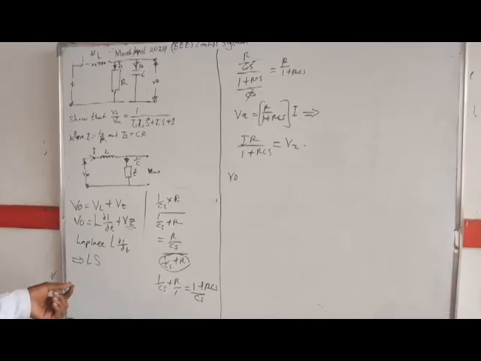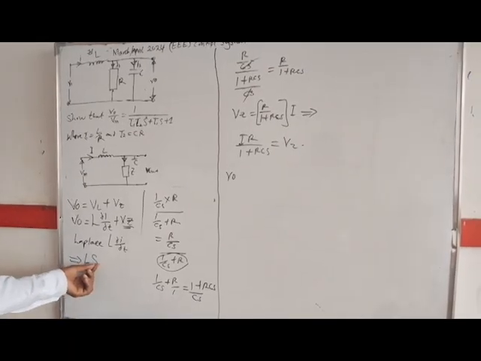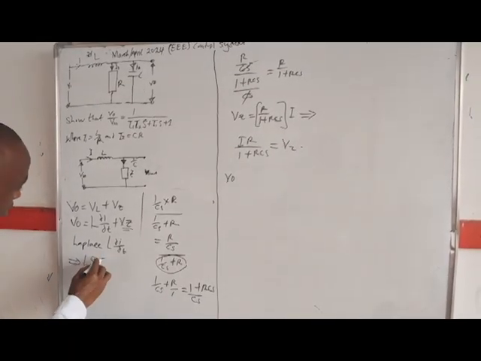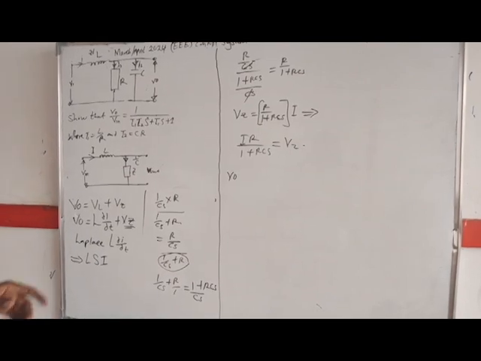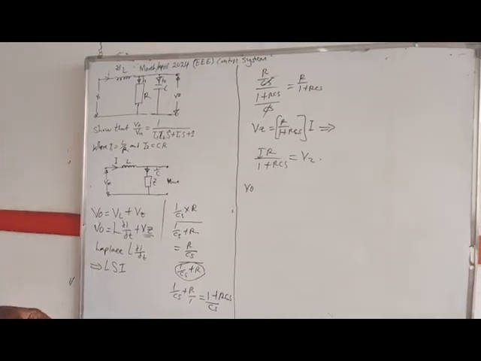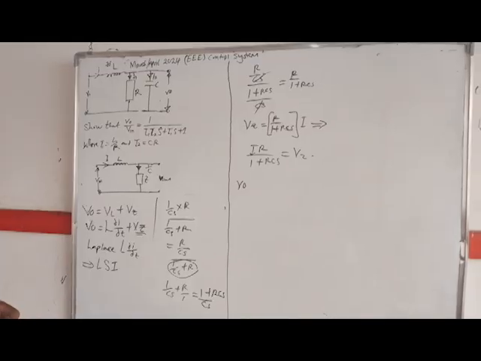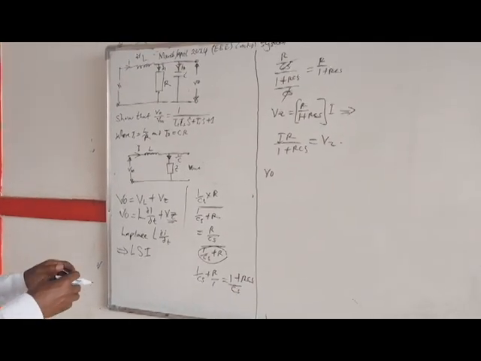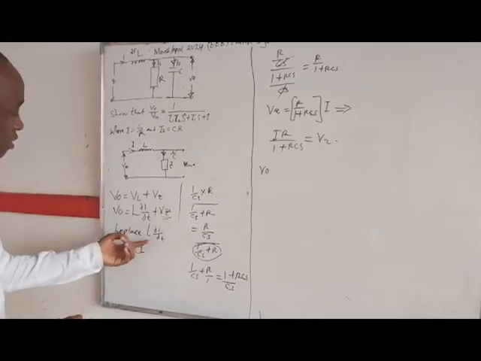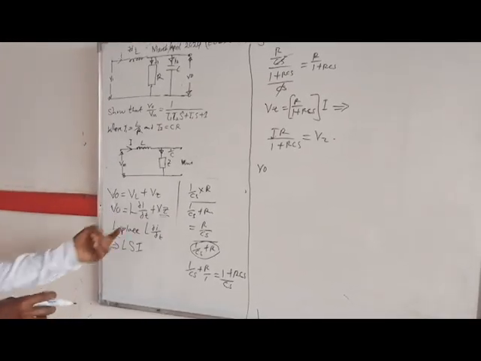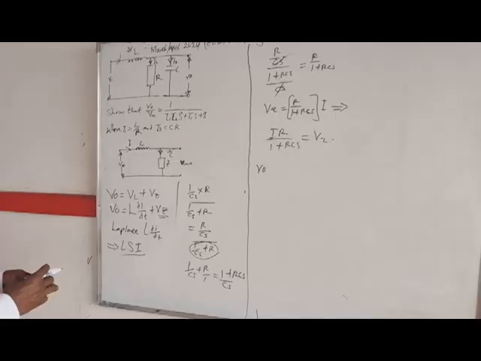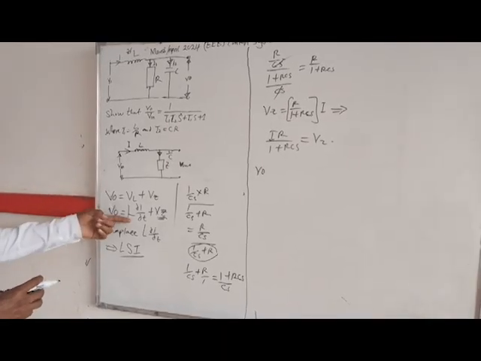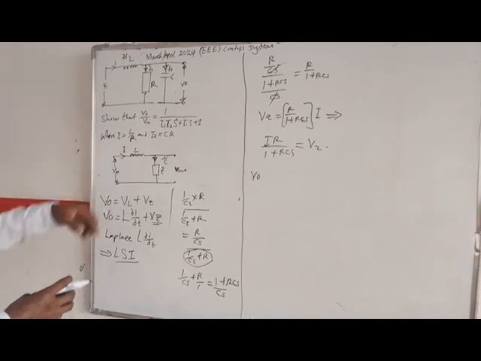Remember that. When it is repeated, it gives us s squared. Then I. And remember the integral: when we find the Laplace transform of an integral, we get 1 divided by s. It is the opposite of differentiation. So this is now the Laplace transform of the current passing through the inductor.